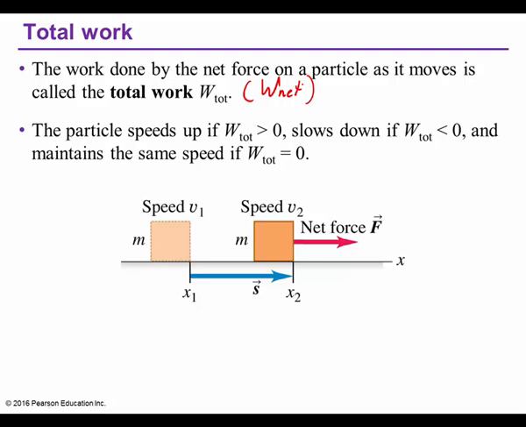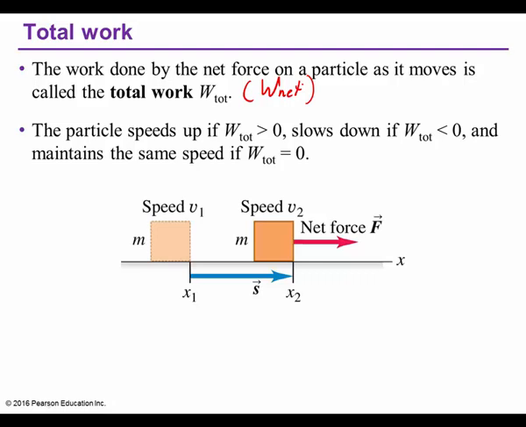Sure. What if you're doing work on an object, but then you add in the frictional work, and the frictional work is equal to the work that you're doing. What's your net work? 0.